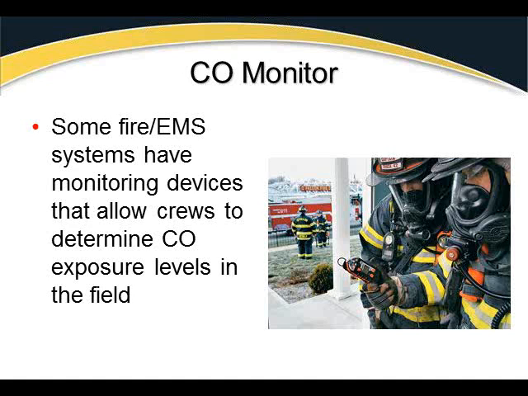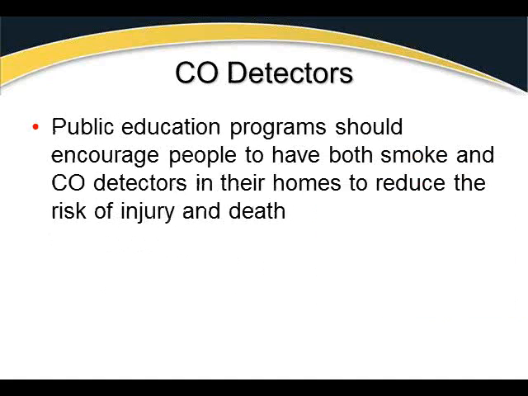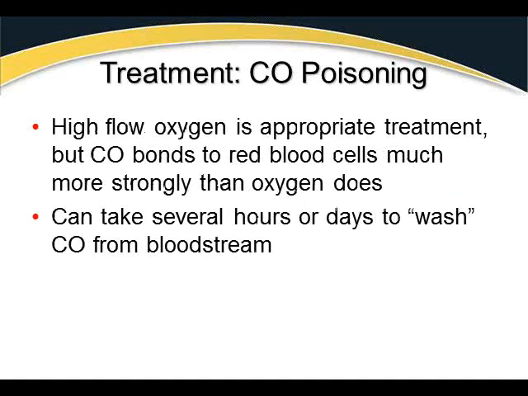The other side of CO monitoring is when we talk about using some sort of a device to detect CO in our patient's blood. So there are certain types of pulse oximeters. The brand name of this is the RAD57 that does both pulse oximetry and carbon monoxide or methemoglobin monitoring.